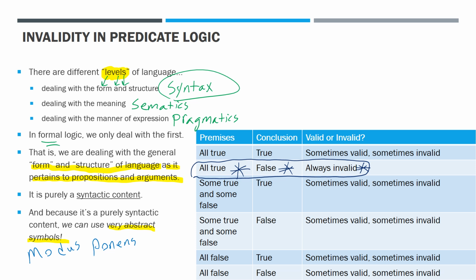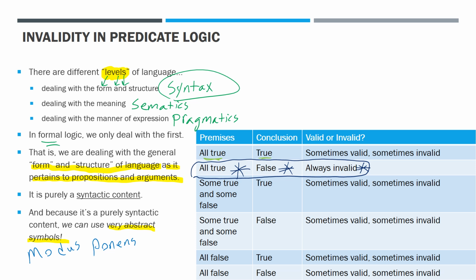Otherwise, you have something that can be valid sometimes and sometimes invalid. It's simply left open. For example, consider the possibility that we have all true premises and a true conclusion. Does the argument have to be valid? No. It could be that the conclusion is true just by accident.